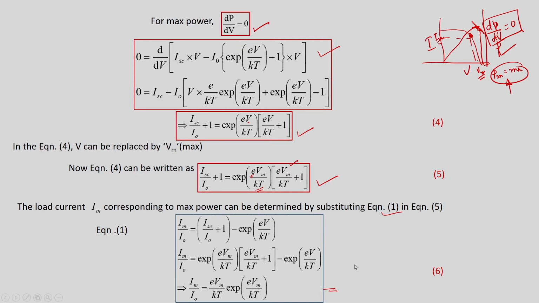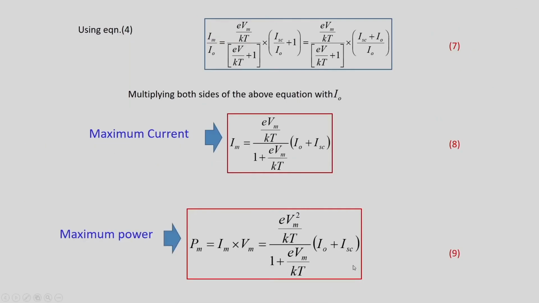Let us continue with the next slides. By using equation 4, we will have this kind of expression, and if we multiply both sides of this equation with I naught, then we will have the maximum current. The expression for maximum current is something like this. Once we know this Im, finally we can calculate the maximum power.